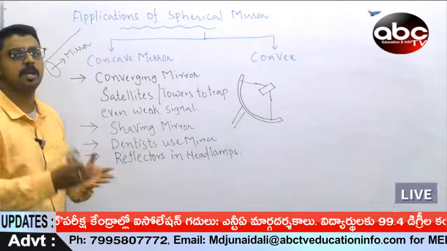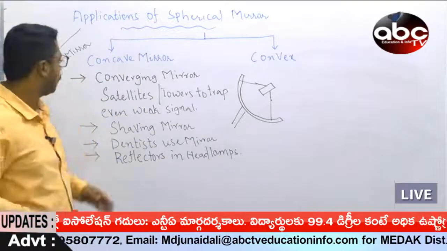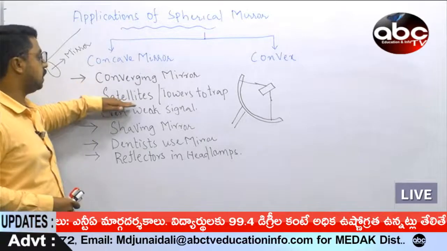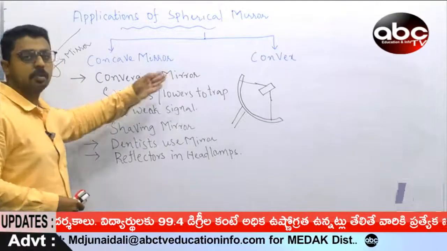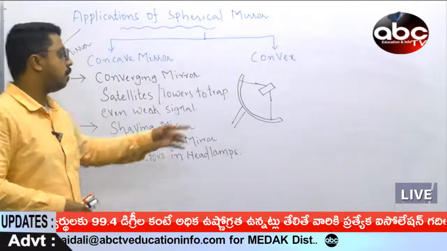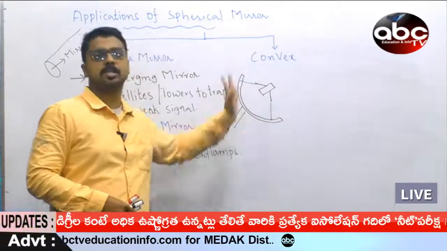These are just for a normal understanding. The first one is they are used to trap even weaker signals, so even a dish or satellite is made with a concave mirror surface.